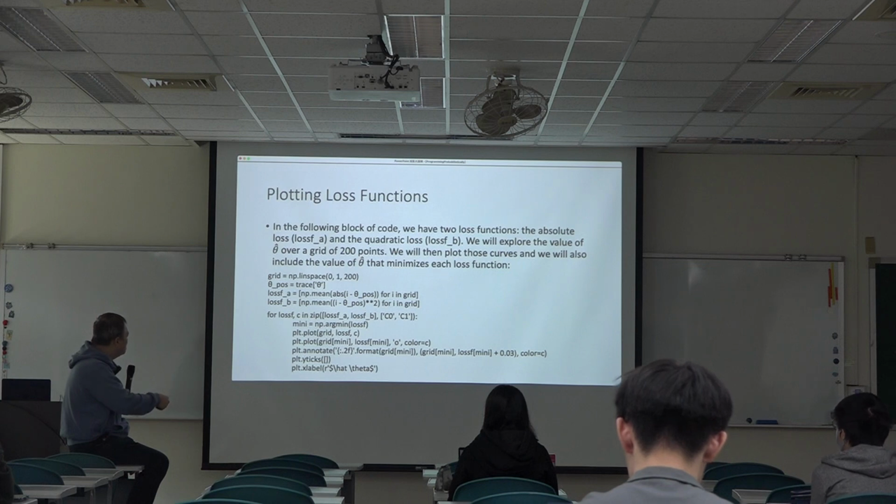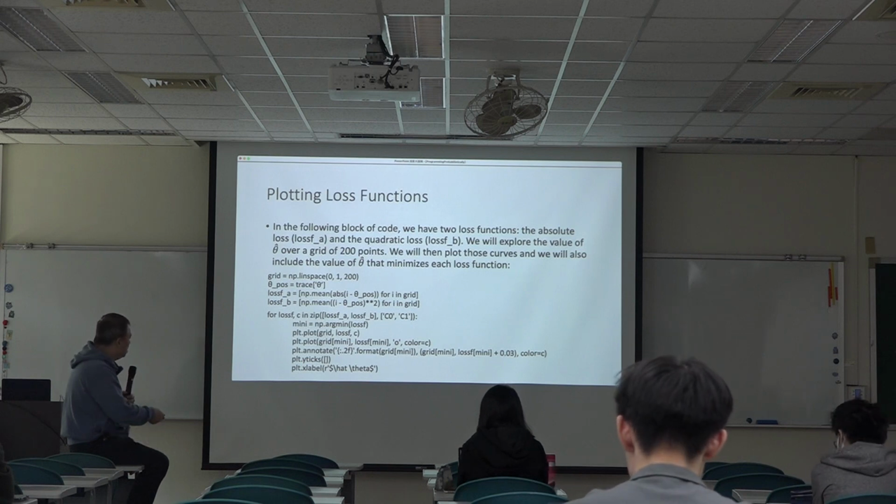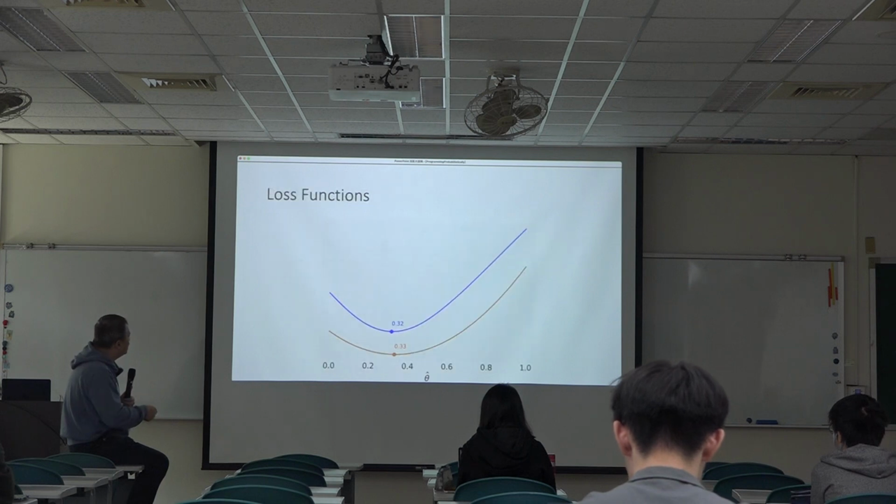I think this is fairly easy. Loss f underscore a represents the absolute loss function. The loss f b represents the quadratic loss function, and the computation should be fairly simple in Python programming. When you plot it, it looks like this.